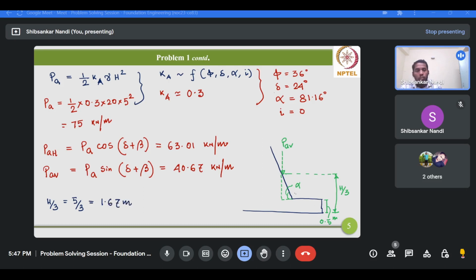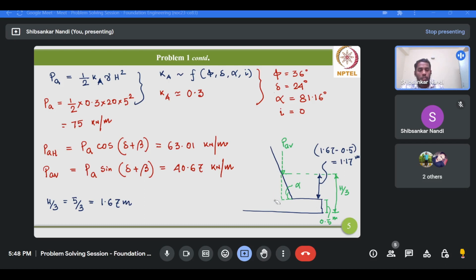Now if this is 1.67, now this height should be 1.67 minus 0.5, that means 1.17 meter. Okay, now if this is 1.17 means this height is 1.17.